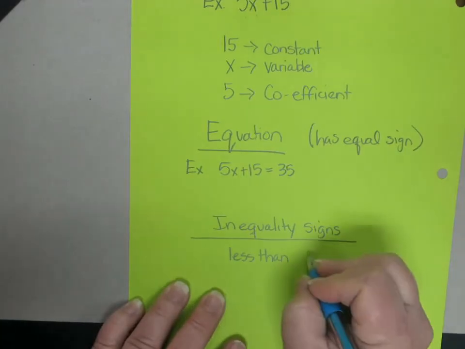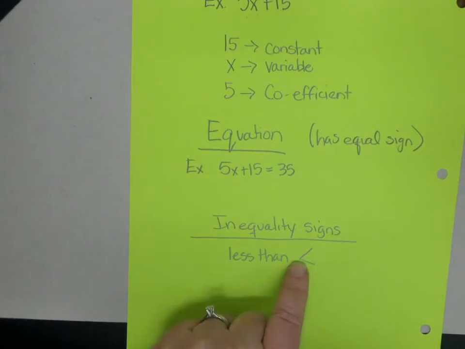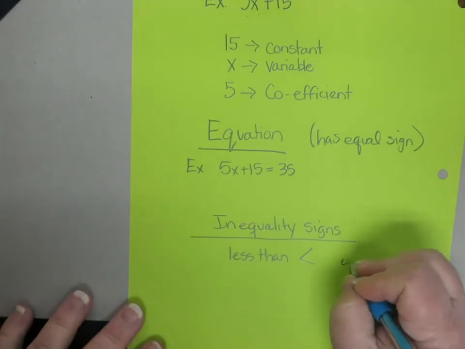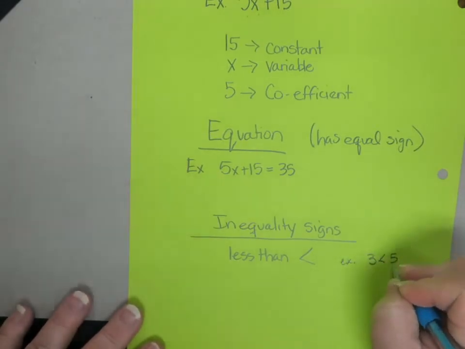Okay? And it always has the small closed off part of the sign towards whatever is less. Okay, usually you are comparing two numbers. An example would be 3 is less than 5.